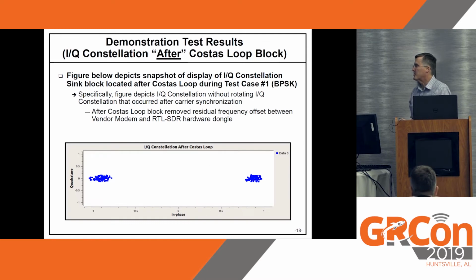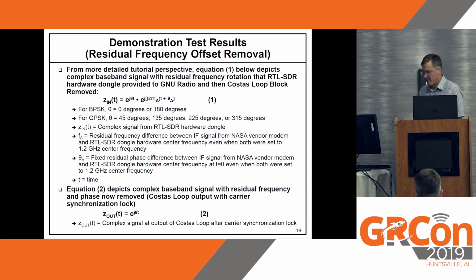Now, after the Costas loop, you have the more typical good IQ constellation that you expect with BPSK. So this is after the Costas loop, and now the residual frequency offset has been removed. This chart really just shows the residual frequency offset removal before the Costas loop and after.